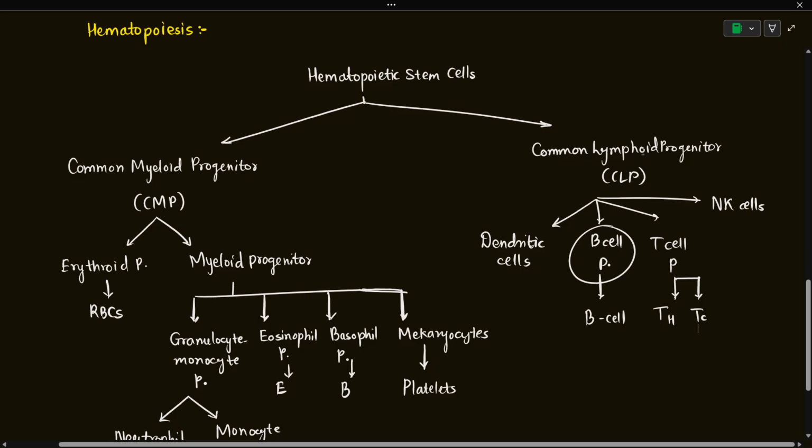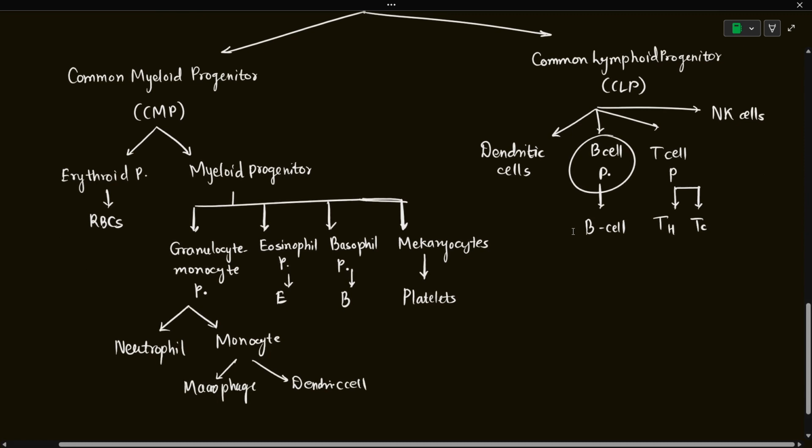So this is how hematopoietic stem cells can give rise to all of the blood cell types. The isolation of those blood cells from the blood is a really unique process.